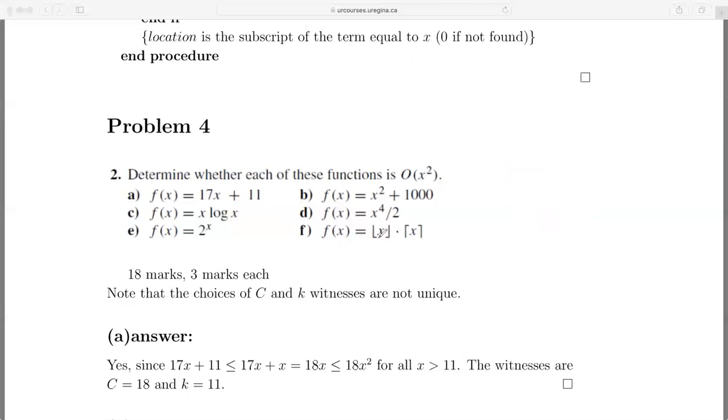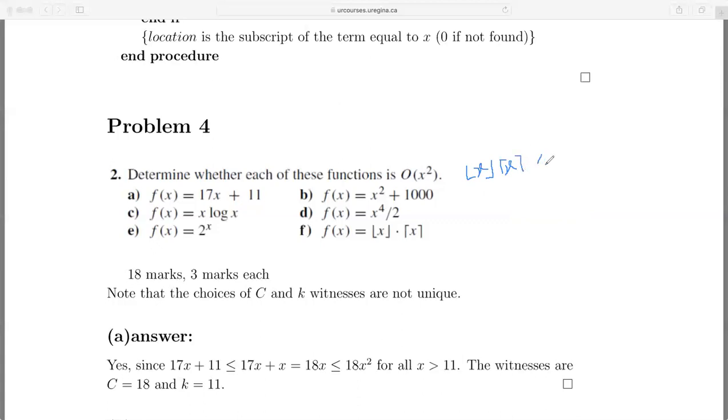The next one, I hope you remember this one. This one is floor, and this one is called ceiling. For floor, we take the largest integer which is less than or equal to x, and for ceiling we take the smallest integer which is greater than or equal to x.